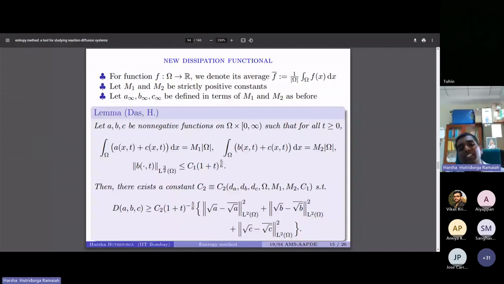It tells you that D of ABC can be bounded from below by some function of time times some terms involving the square root of A, square root of B, and square root of C. Taking square roots is allowed because we are working with non-negative functions. So let's keep in mind that some L2 norms of the square root of A and its average, the difference of those two, is related to the dissipation functional D, and there is a polynomial correction factor.